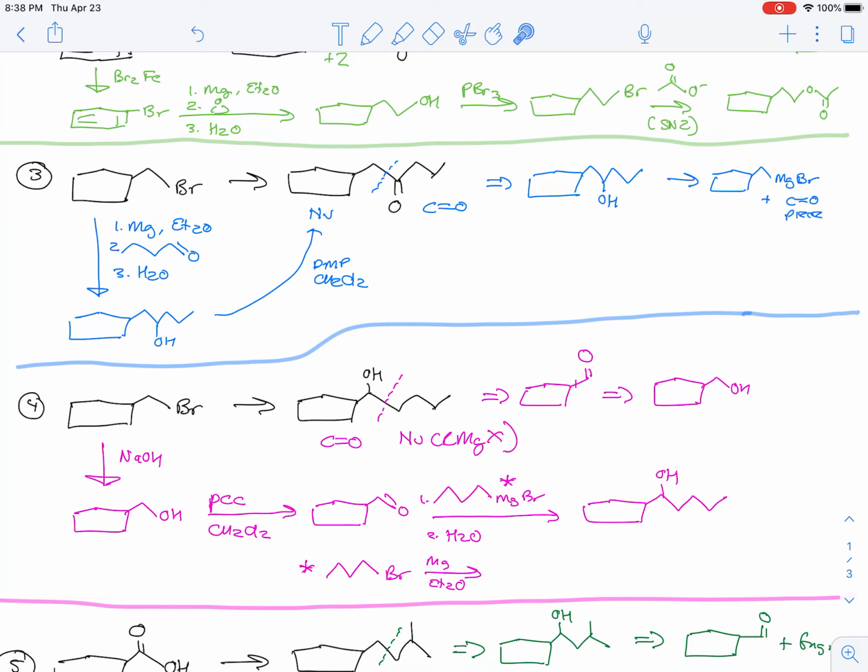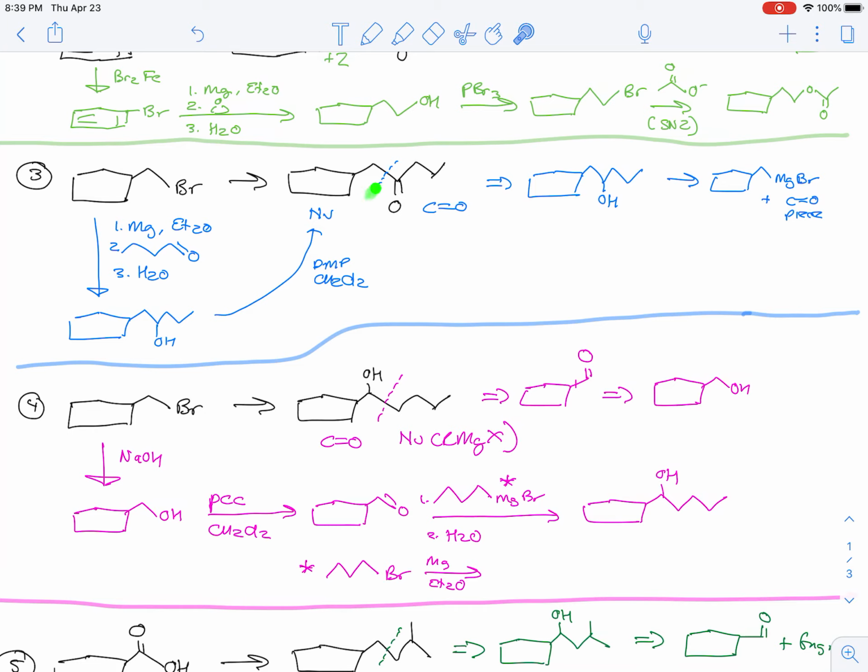And that's going to impact how you make the bond. So in both cases, we're still going to be making a carbon-carbon bond between carbon 1 next to the ring and carbon 2, but which piece we use as the nucleophile and which is the electrophilic carbonyl is going to be different.